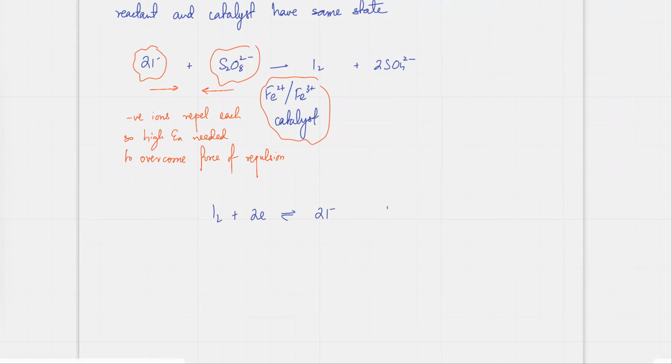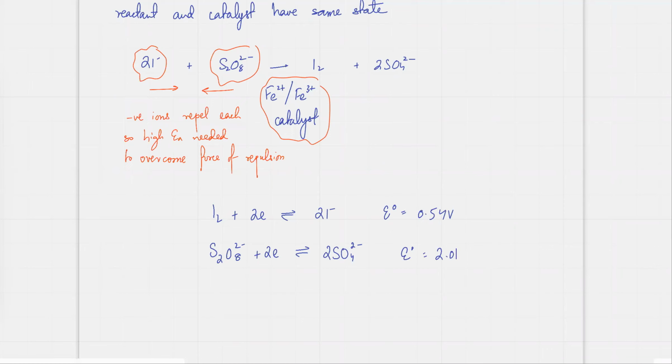The E naught for this one is, I think, 0.54 volts. And you have another reaction where you have S2O8 2 minus gaining 2 electrons, and it's in equilibrium with 2SO4 2 minus, and the E naught for this reaction is 2.01 volts.